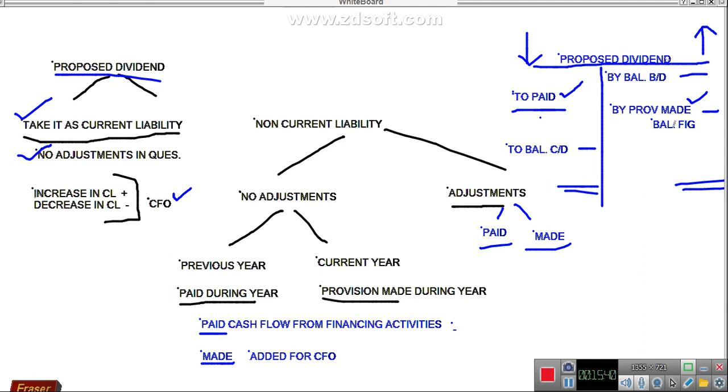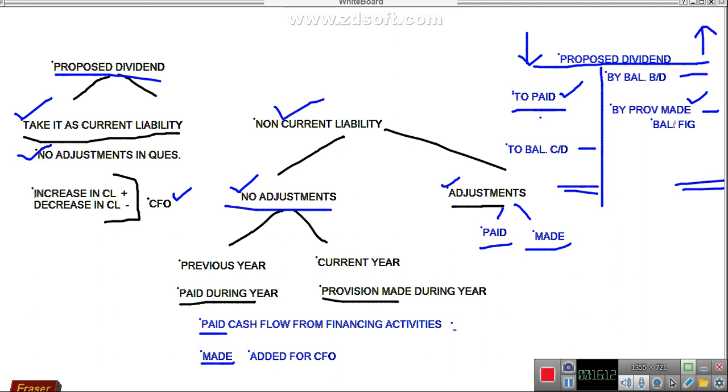But if you are going to take it as non-current liability, then check in the question whether adjustments are given or not. If no adjustments are given, then paid or made is the criteria. Previous year dividend is treated as paid during the year, which will be deducted from cash flow from financing activities, and made during the year will be added for calculation of CFO, cash flow from operating activities.